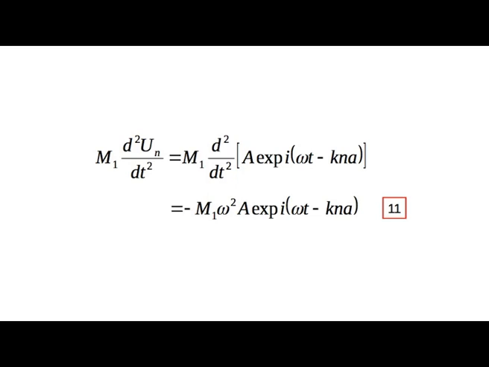If we carry out the differentiation, you will end up with the expression minus M1 omega squared A exponential i omega t minus k n a. So, again we follow the same scheme which we did for the one dimensional monatomic lattice.